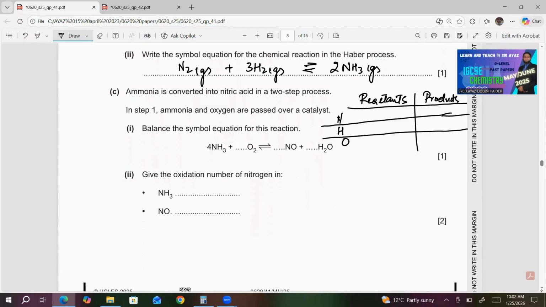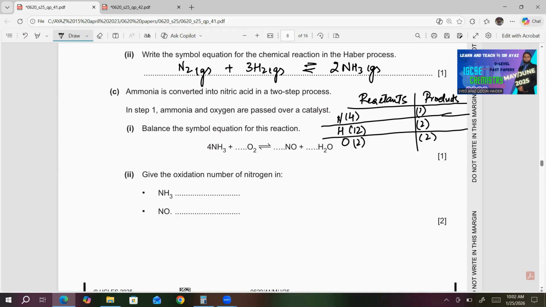Nitrogen on the left hand side, we have 4, and on the right hand side, we have 1. What about hydrogen? 4 multiplied by 3 is 12. And on the right hand side, that is product side, we have 2. Oxygen on the left hand side, we have 2. And on the right hand side, we are again having 2. So both nitrogen and hydrogen are unbalanced.